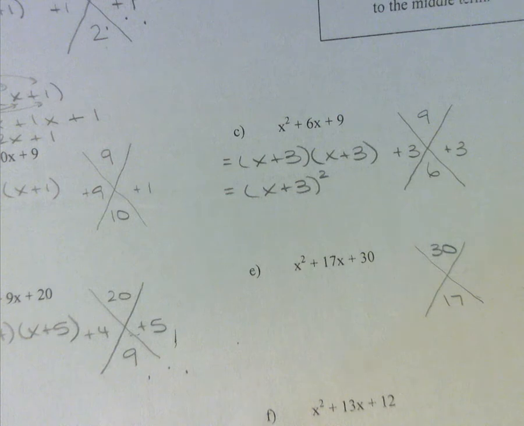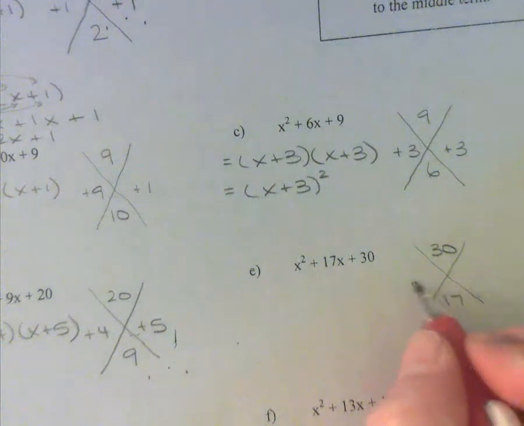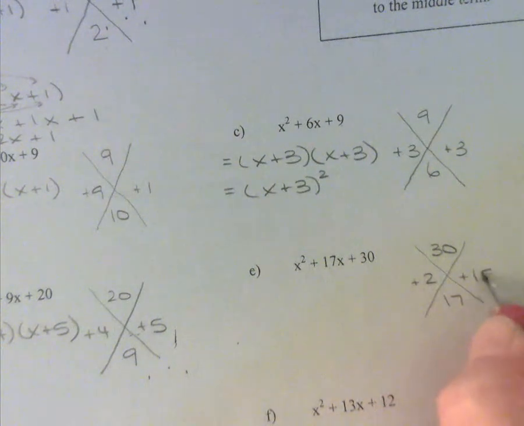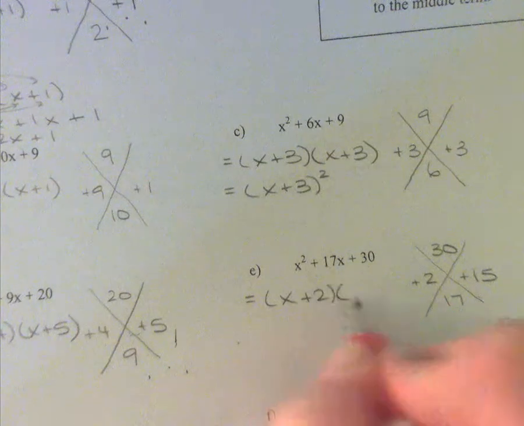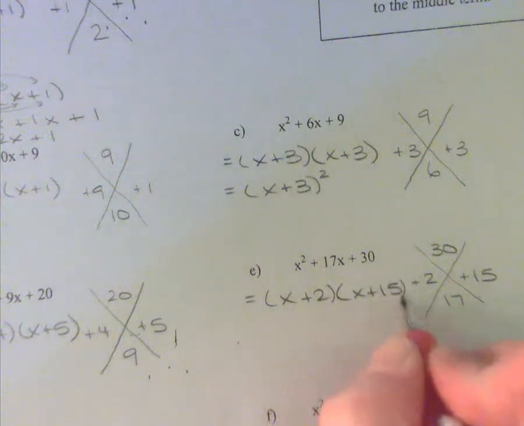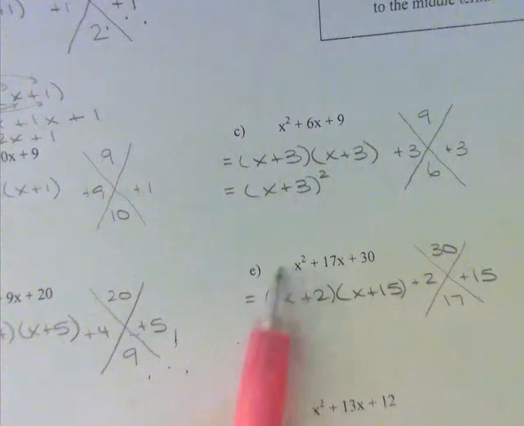So then I have to think about which ones will give me a sum of 17. So that would be plus 2 and plus 15. So then I write out that it would have been x plus 2 and x plus 15. If I multiply this out, it will give me that answer.